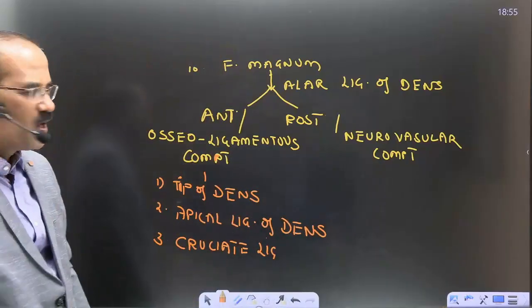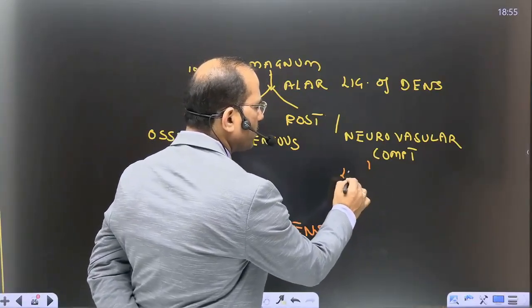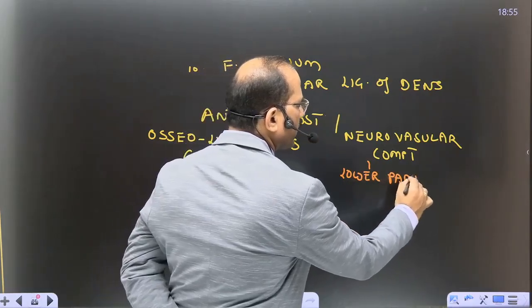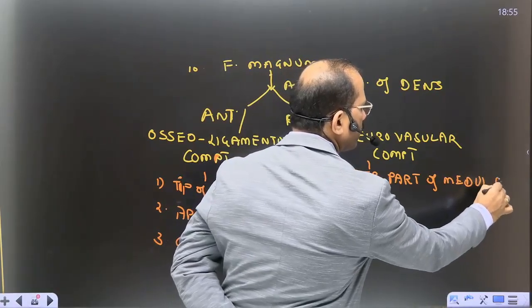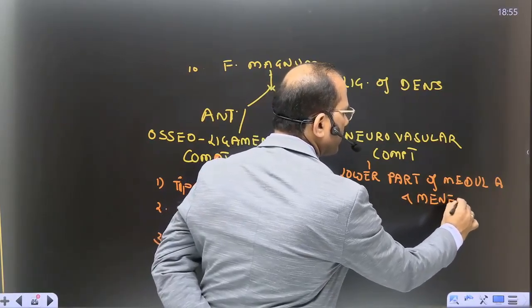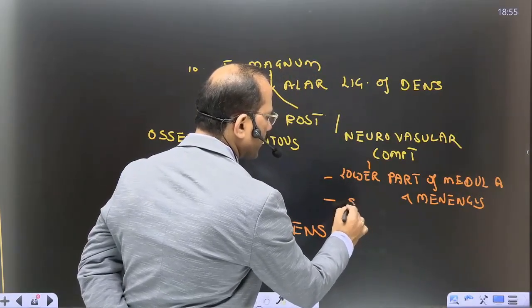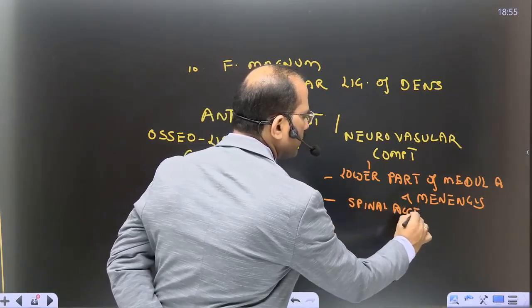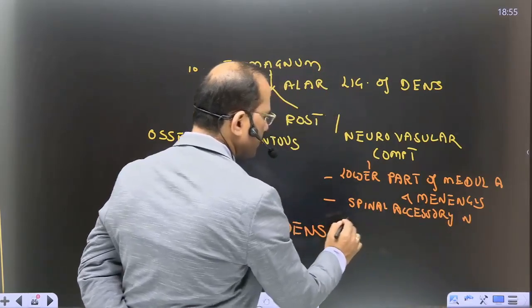What passes through the posterior compartment, the neurovascular compartment, is the lower part of the medulla. It's not the spinal cord, it's the lower part of the medulla and the meninges. What else? The spinal accessory nerve, we'll discuss this later. What else passes from here?